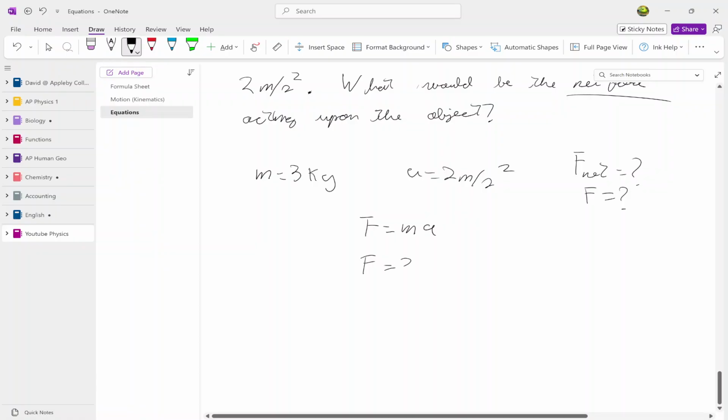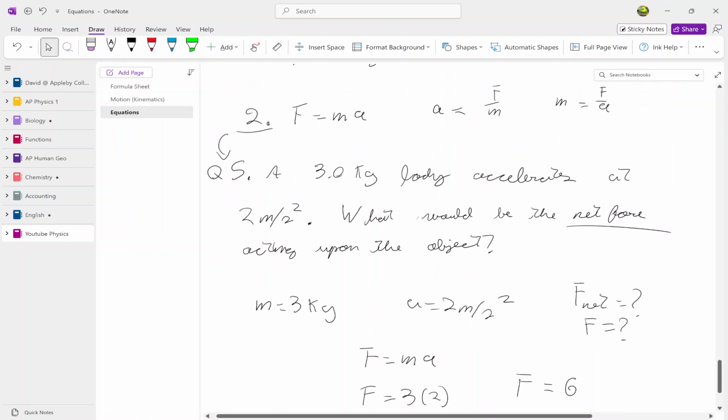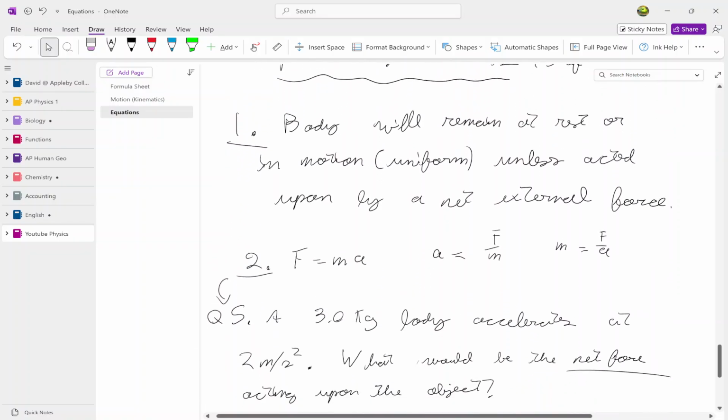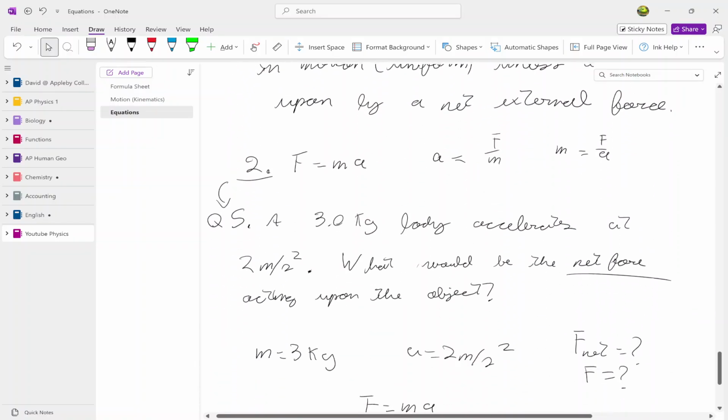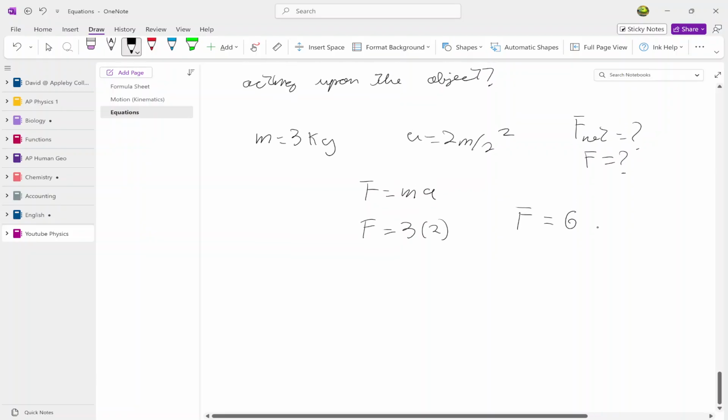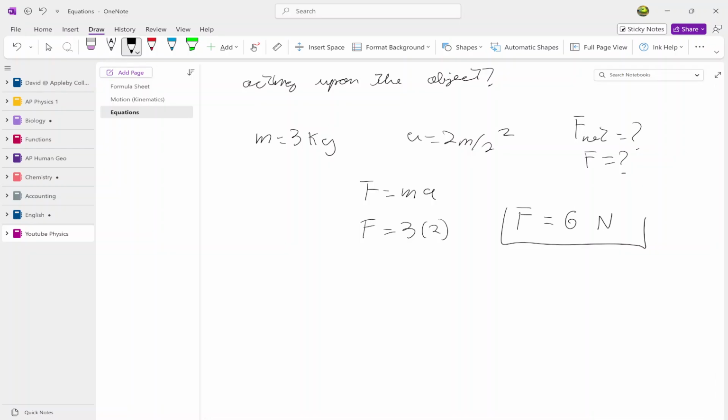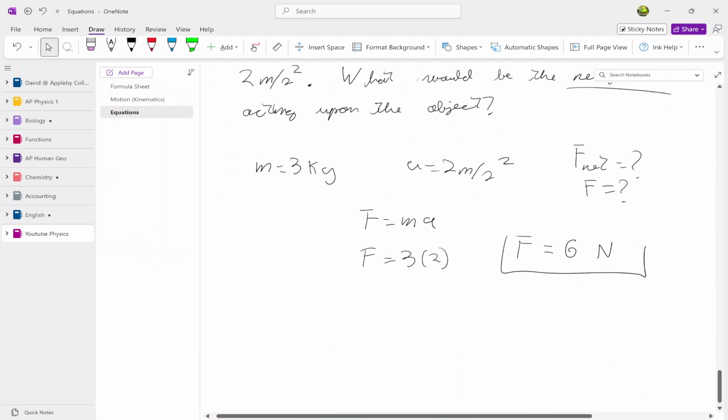F equals 3 times 2, so F equals 6. Oh, and I did not cover this in the last video, but force has the SI unit of newton, the big N. You'll see this quite recurring. Newton is the SI unit of force.